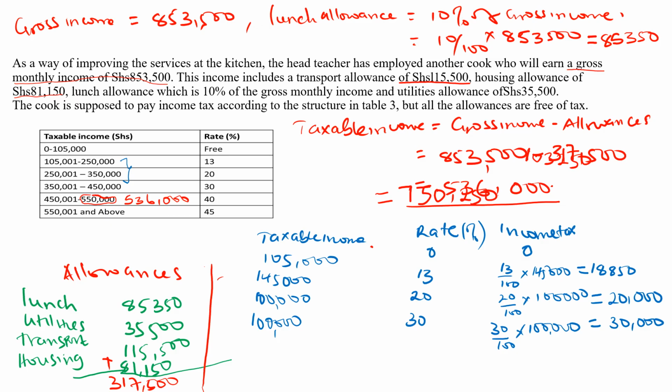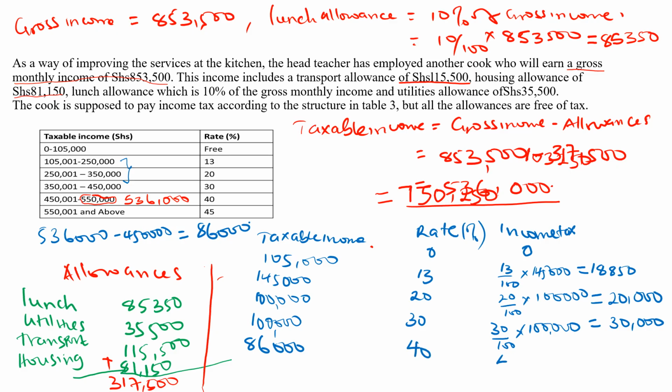So from 450,000 to 536,000, how much is there? Subtract. Come here and get 536,000 minus 450,000, and the answer that you get will be 86,000. So it's what you are going to put here, 86,000. And the rate here is 40.